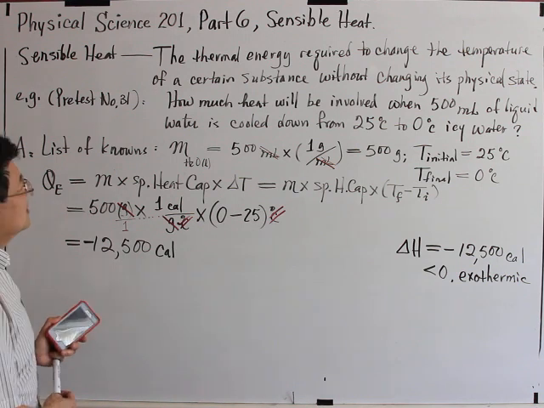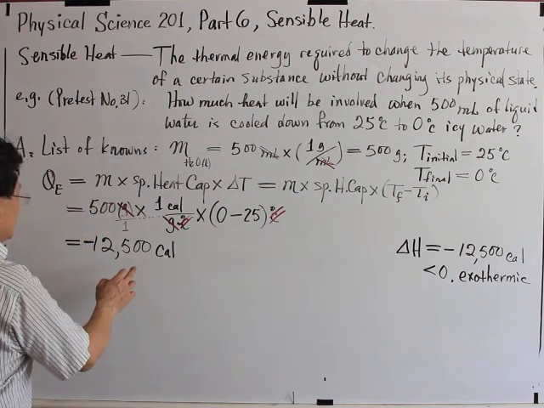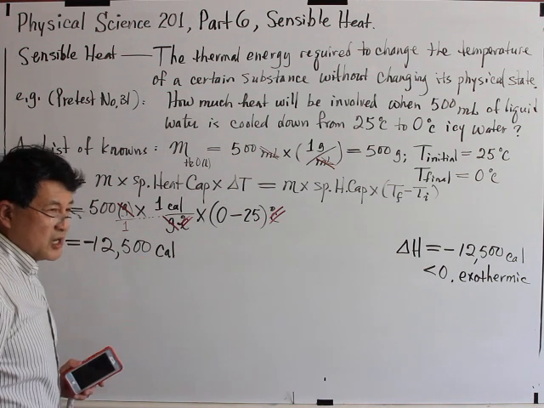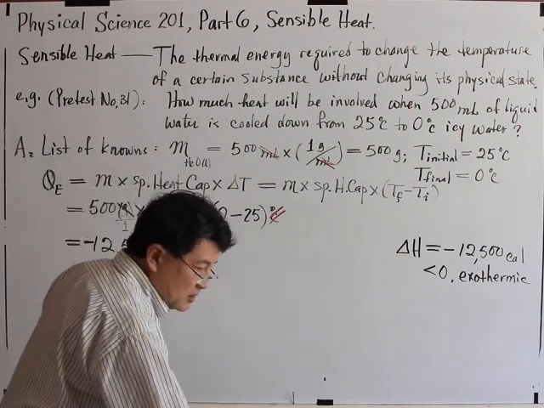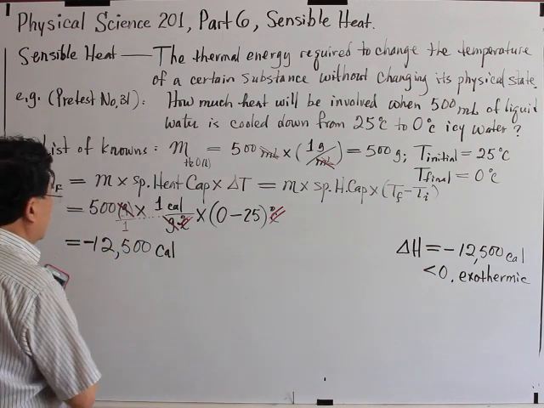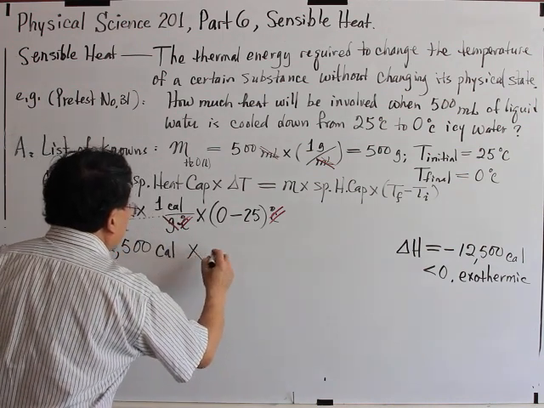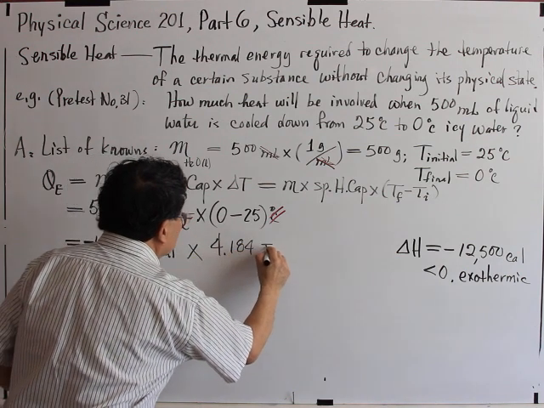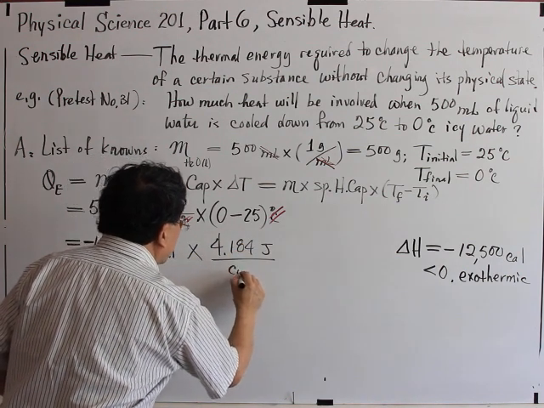By the way, if you want to know the energy on the scale of Joule, it's easy to do by multiplying by 4.184 Joule per calorie.